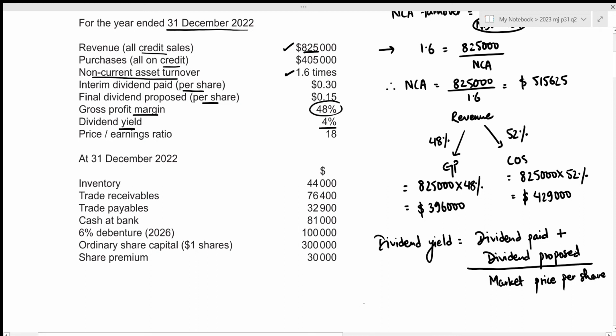Okay, we're given the value for dividend yield right here, that's 4%, and we also need to multiply it by 100% because the ratio is in terms of percentage.